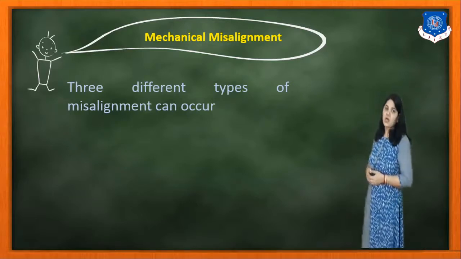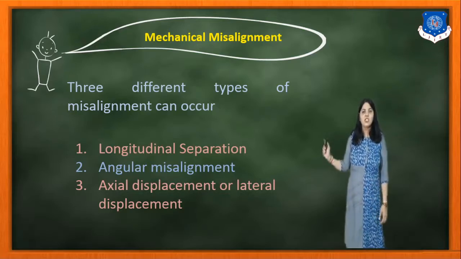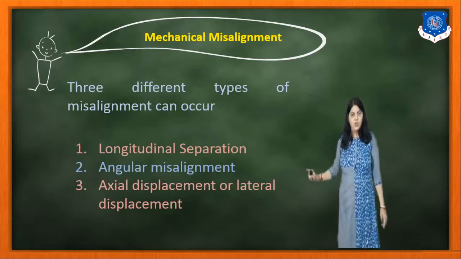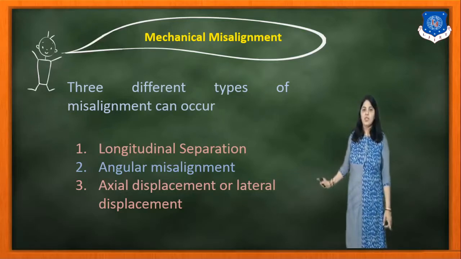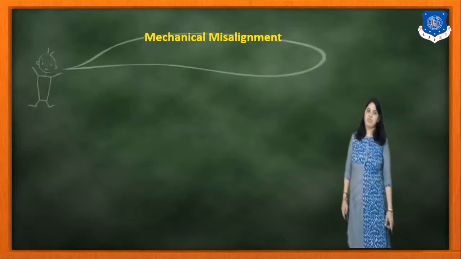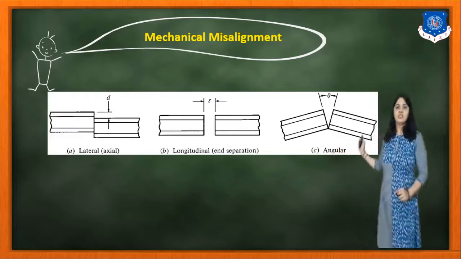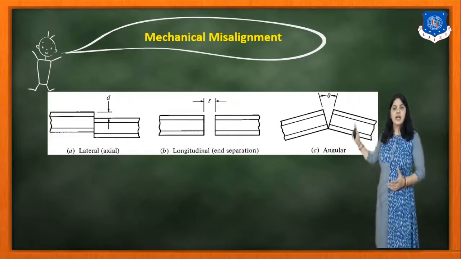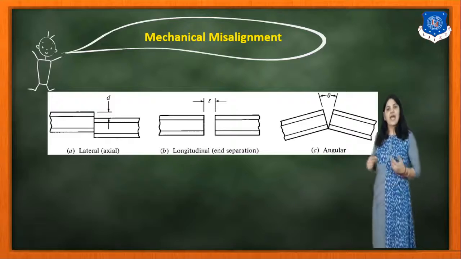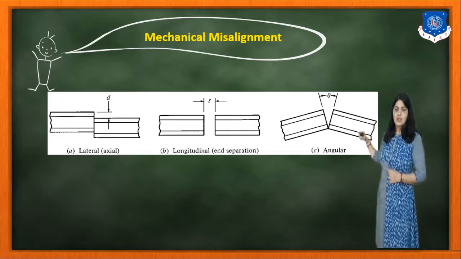Three different types of misalignment can occur, which are the longitudinal separation, angular misalignment, and the third one, axial displacement or lateral displacement. Now we will see them one by one. In the diagram, the first is the lateral or axial misalignment, where you can see that the axes of the fibers do not match, and due to that, loss arises.